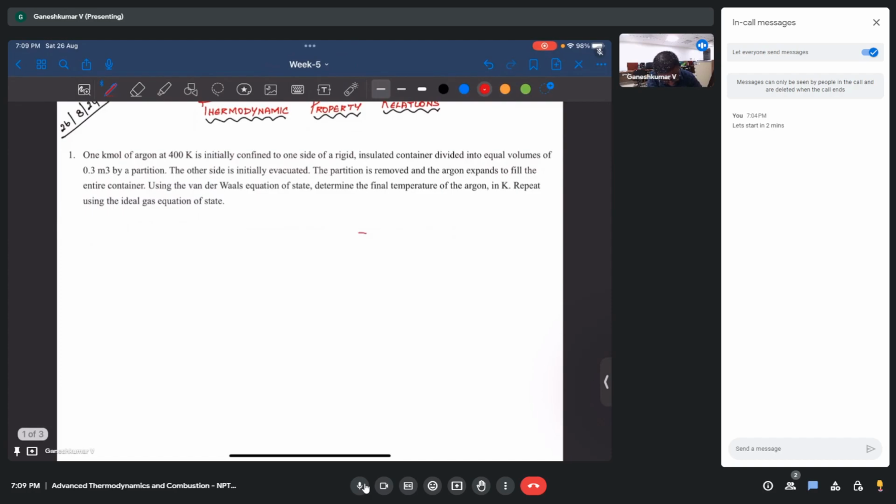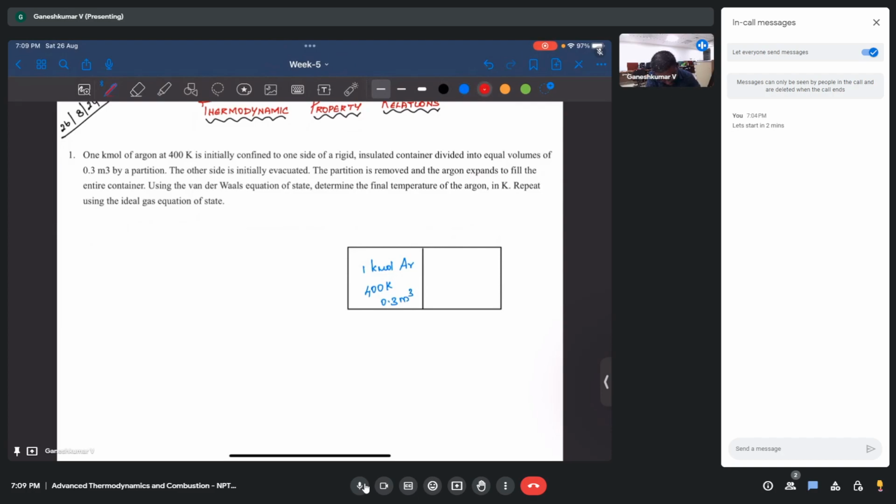So it might look something like this. Maybe I will use black color. Then we have a partition, right? And initially we had 1 kilomole of argon, at a temperature of 400 Kelvin, and a volume of 0.3 meter cube.